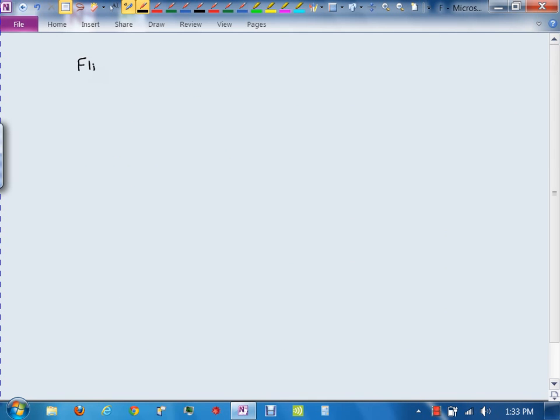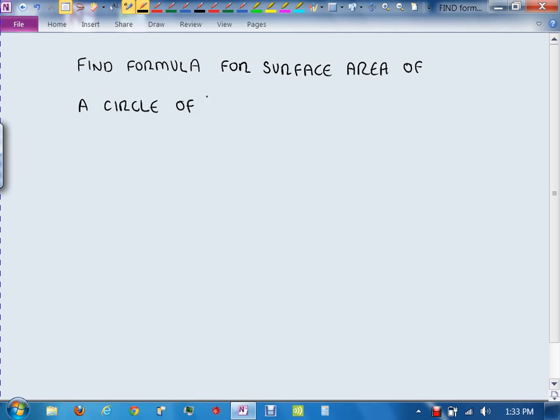Find the formula for surface area of a circle of radius little r.